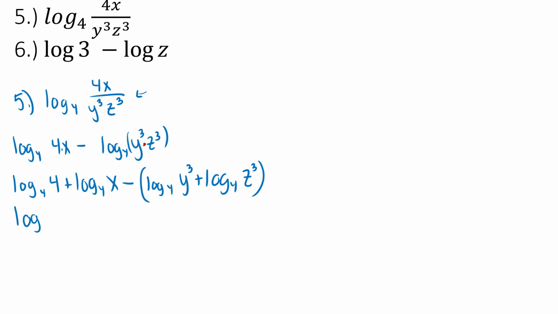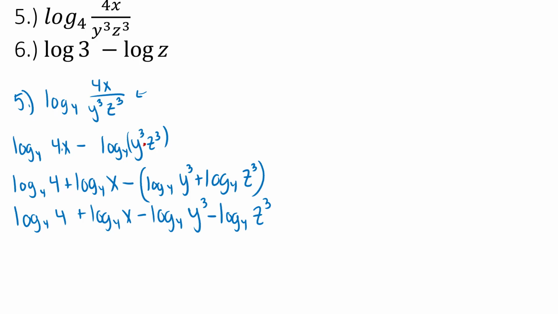Okay, log base 4 of 4 plus log base 4 of x minus log base 4 of y to the third minus log base 4 of z to the third. And last but not least, I am going to move those exponents down front. I got one small dilemma, and that's happening down here at the left.